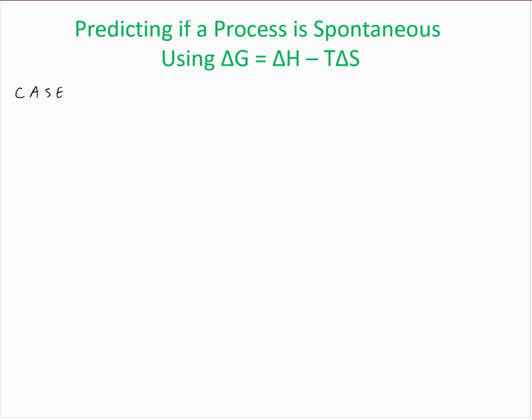My C looks like a G. In case 1, delta H is exo, is negative, and the entropy of the system is positive, or more disorder happened. So the process or system got more chaotic.